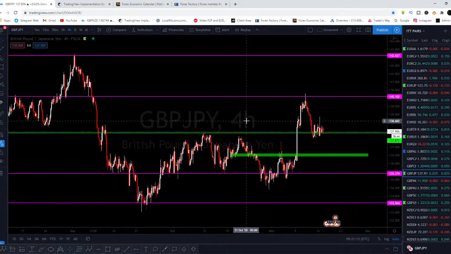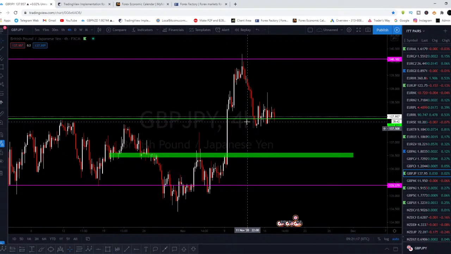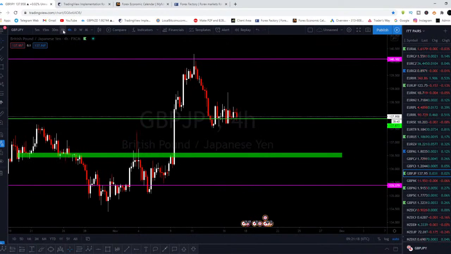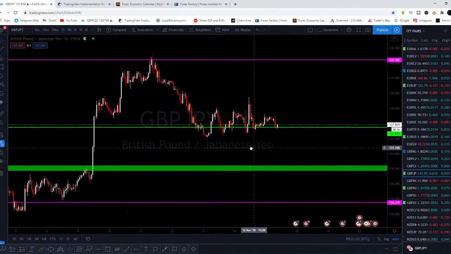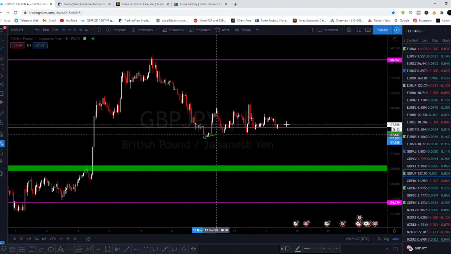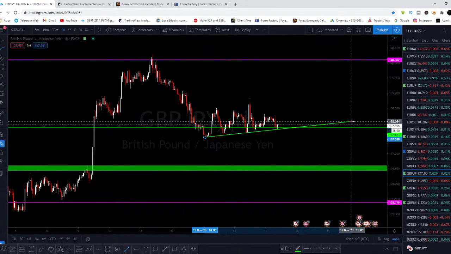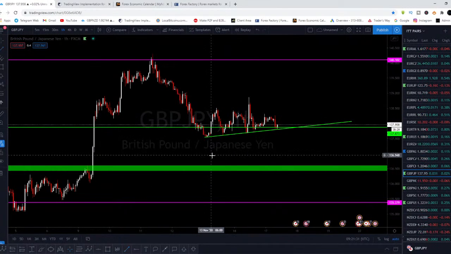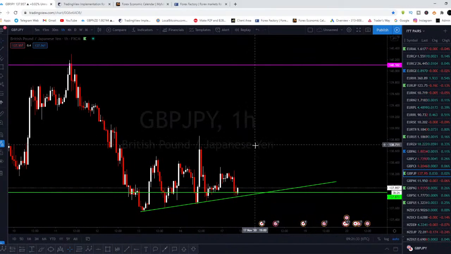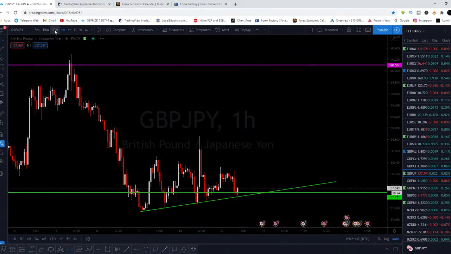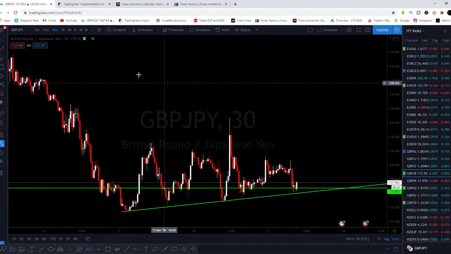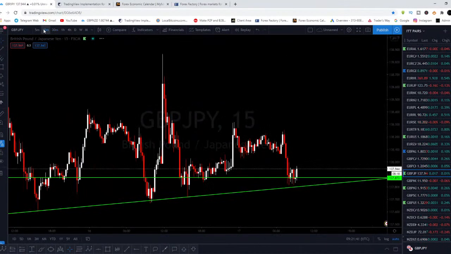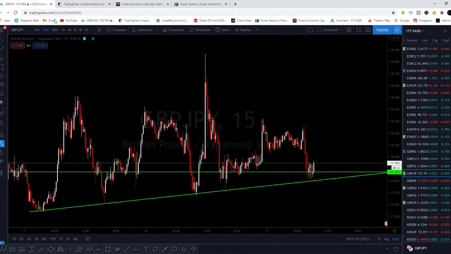GBPJPY, it is what it is, man. Still doing the rubbish. Oh well, it might buy though. It might buy from here. Kind of getting interesting. I think I might buy GBPJPY, man.